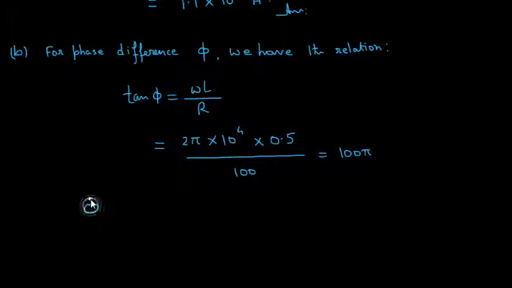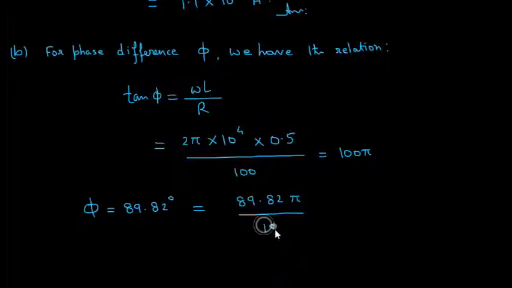Therefore, phi is equal to 89.82 degree. If we convert it into radian, we have to multiply 89.82 degree by pi upon 180.